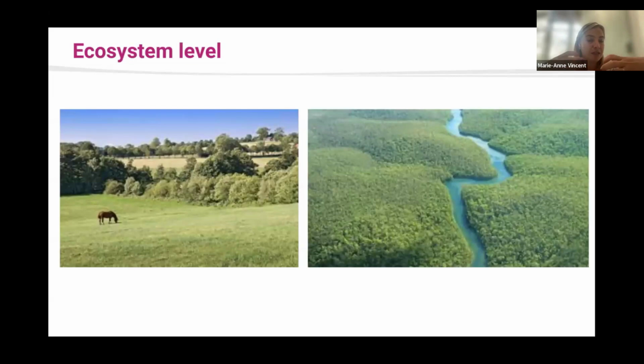We need to take that into account. For example, it's said that it's great to plant trees for carbon capture, but planting trees that are not natural inhabitants of the rainforest doesn't really make sense, because we need to respect the ecosystem and these equilibriums.